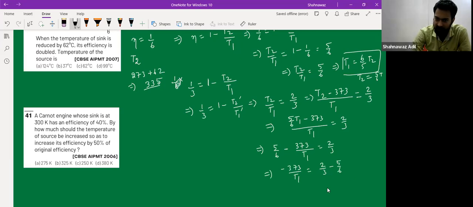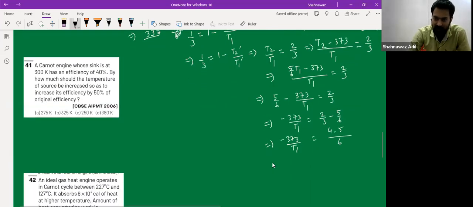So this is how much? This is 6, and this is 4 minus 5, and this is 373 by T1. So this is minus 373 by T1. This is minus 1 by 6.